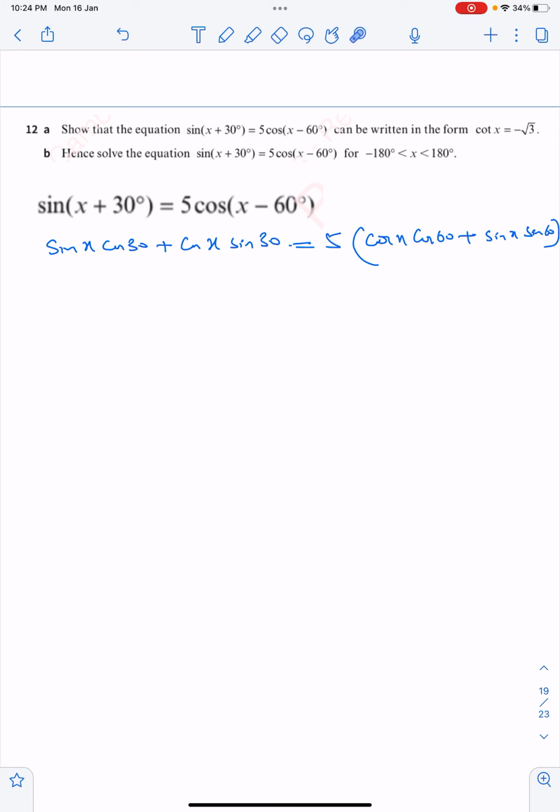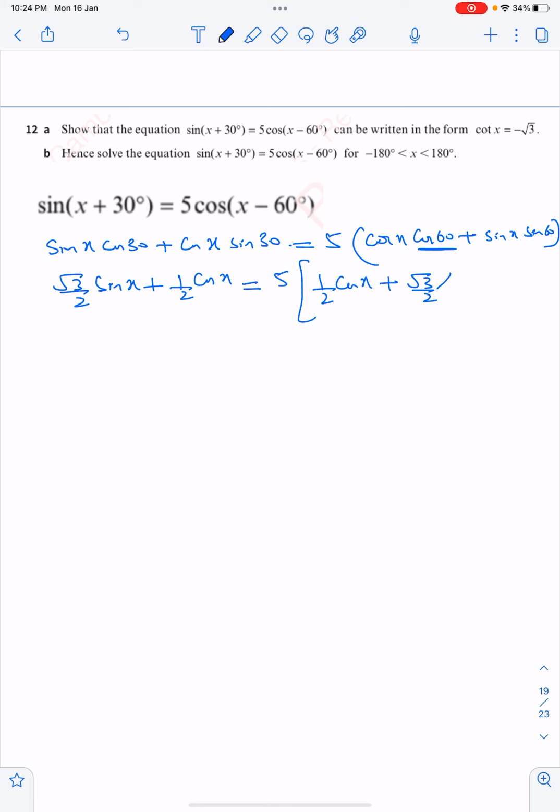We know cos of 30 is root 3 upon 2. So root 3 upon 2 sine of x plus sine of 30 is half, so I am writing half cos of x equals 5 times cos of 60 is half, so cos of x, plus sine of 60 is root 3 upon 2 sine of x.